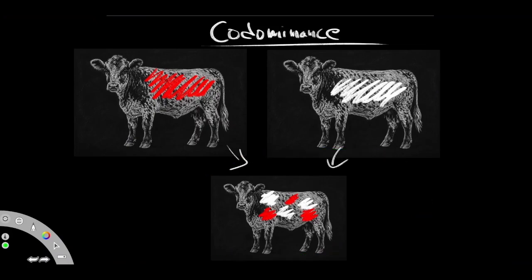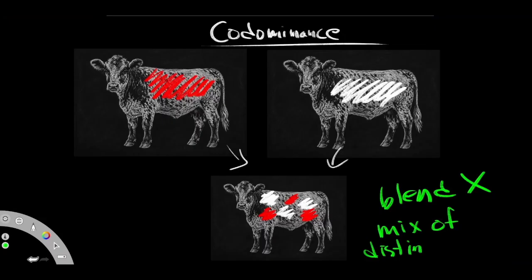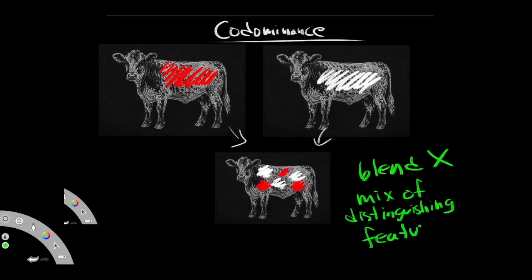This is known as a roan cow. It is a mix of red and white. It is not a blend. It is a mix of distinguishing features, and the features are equal in proportion because they're equally dominant.